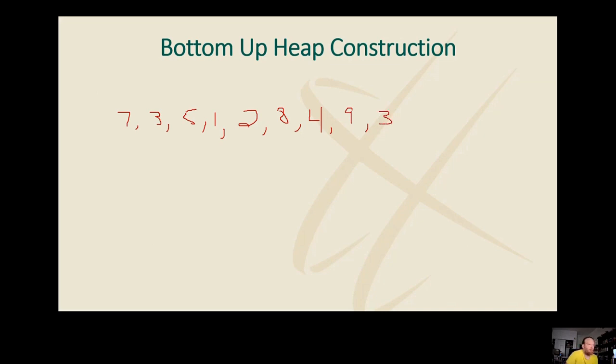I have no idea, right? So there we go. Index 0, 1, 2, 3, 4, 5, 6, 7, 8. Okay, beautiful. So 8 minus 1 integer division 2 equals 3.